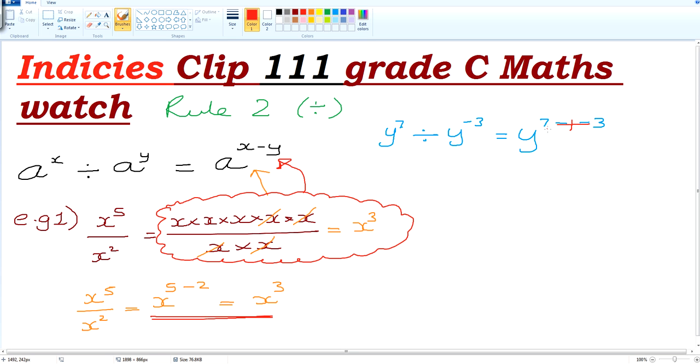So it's no longer 7 minus 3, it's 7 plus 3. So the final answer here will be y to the power of 10. So you haven't done anything wrong. You've got a number bigger than what you started with by minusing because one of the powers was negative. Are we happy with that? That was our second example.